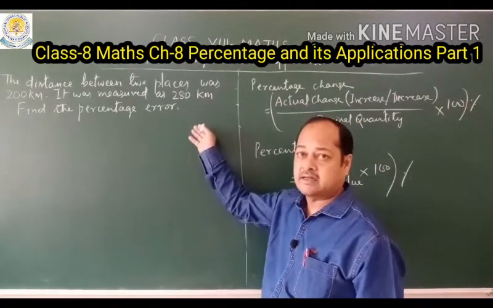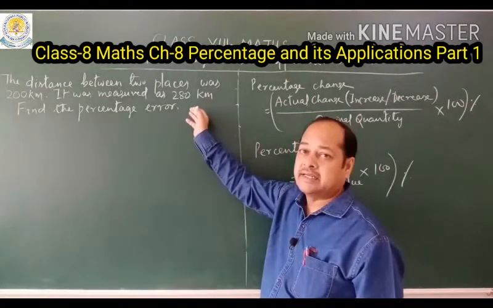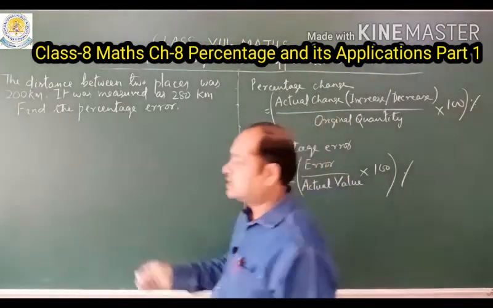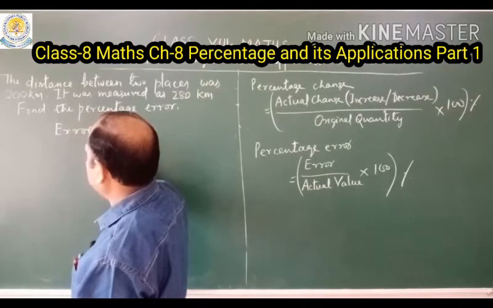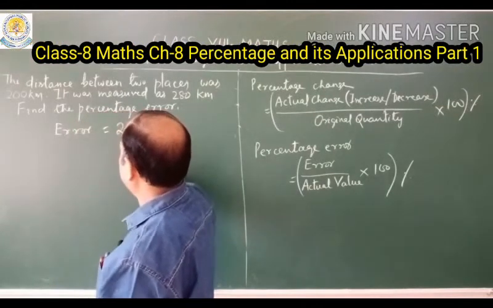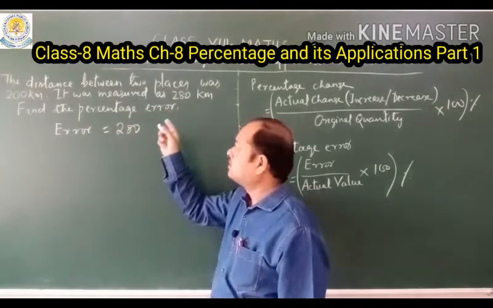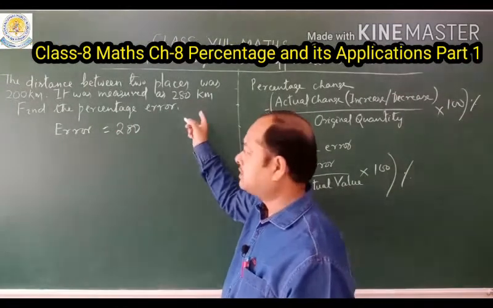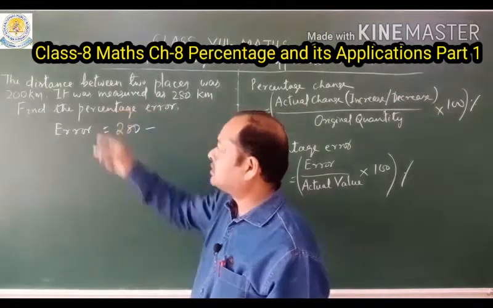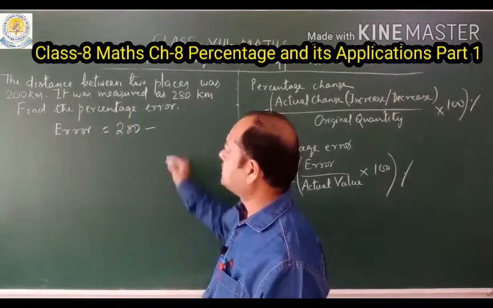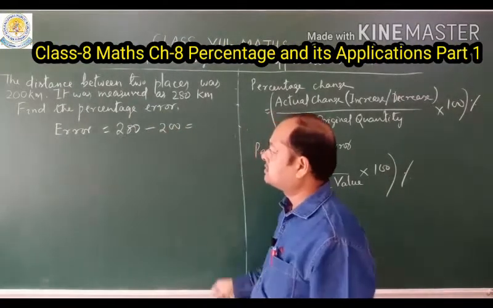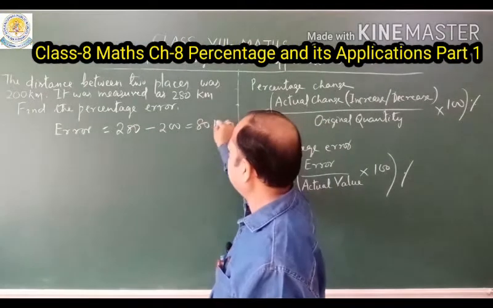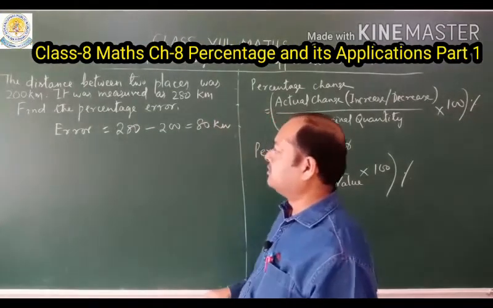What is the error or the difference? By mistake it is given 280 kilometer minus the actual distance, that is 200 kilometer. So minus it, we will get the error, that is 80 kilometer. So 80 kilometer is the error.